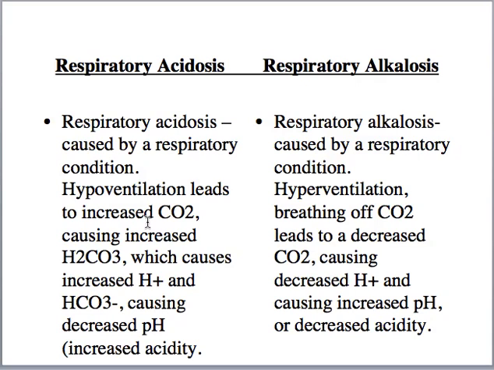It could be caused by someone taking some medication that depresses the breathing center and causes you to have a lower respiratory rate. And at any rate, when you don't breathe as much as you should be, you don't blow off enough CO2, so you have increased CO2 levels in your blood. When you have increased CO2, that's going to then jump into the carbonic anhydrase equation.